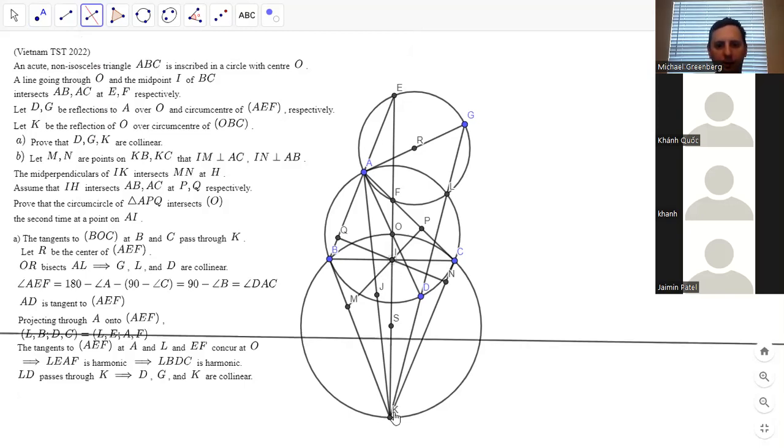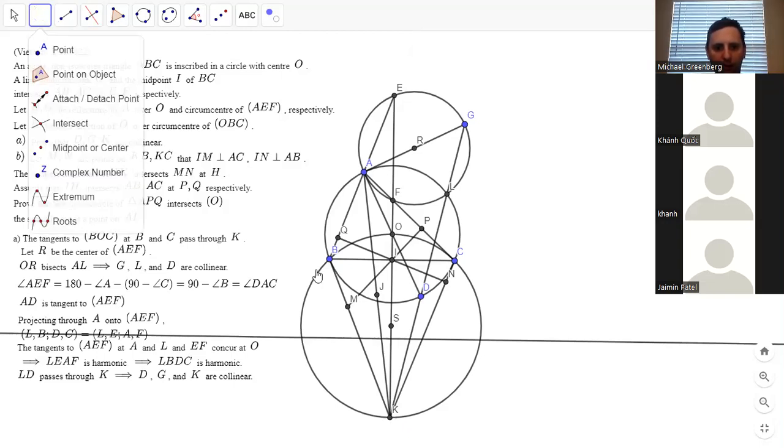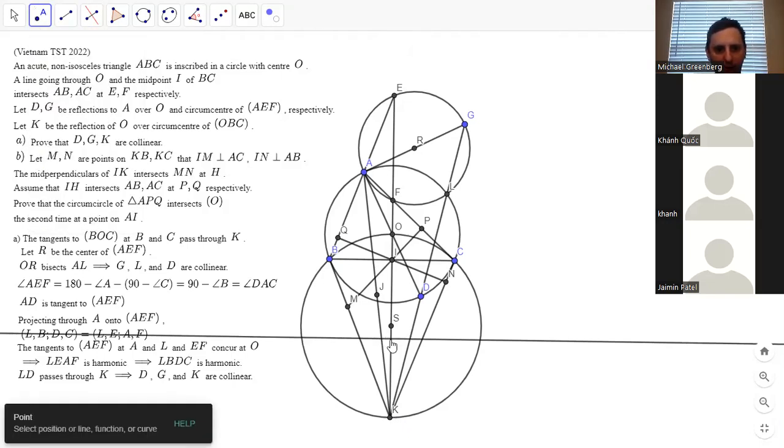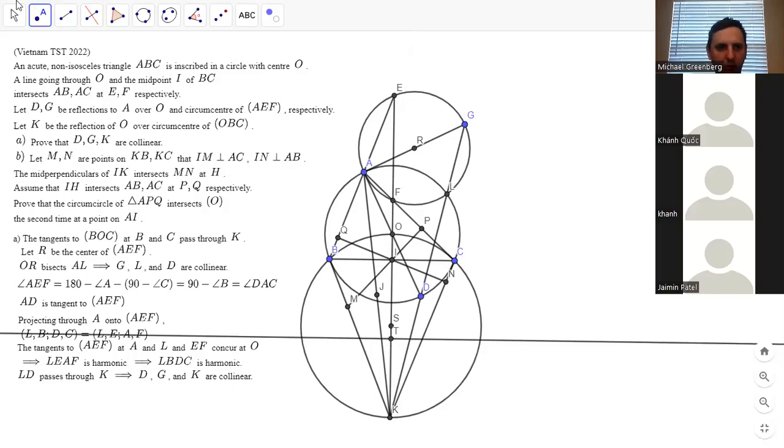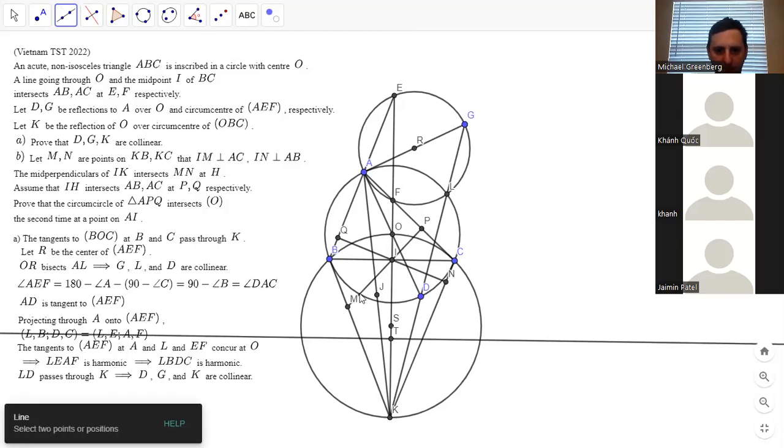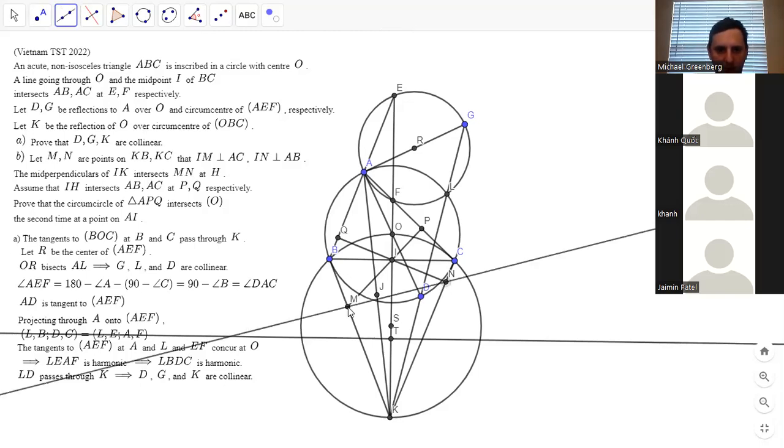So we have the perpendicular bisector of IK. Might as well draw this point right here. And it meets MN at H. Interesting. So that's point H right there.